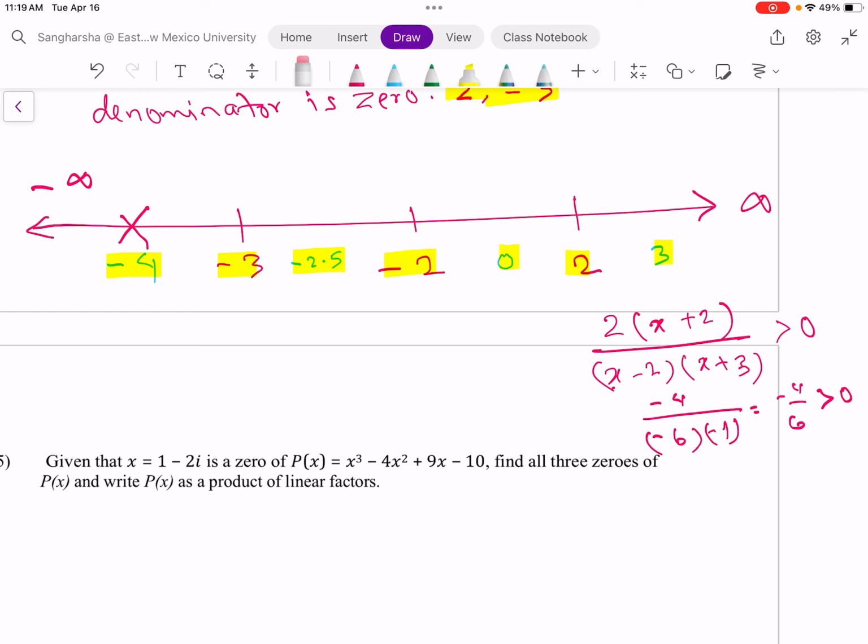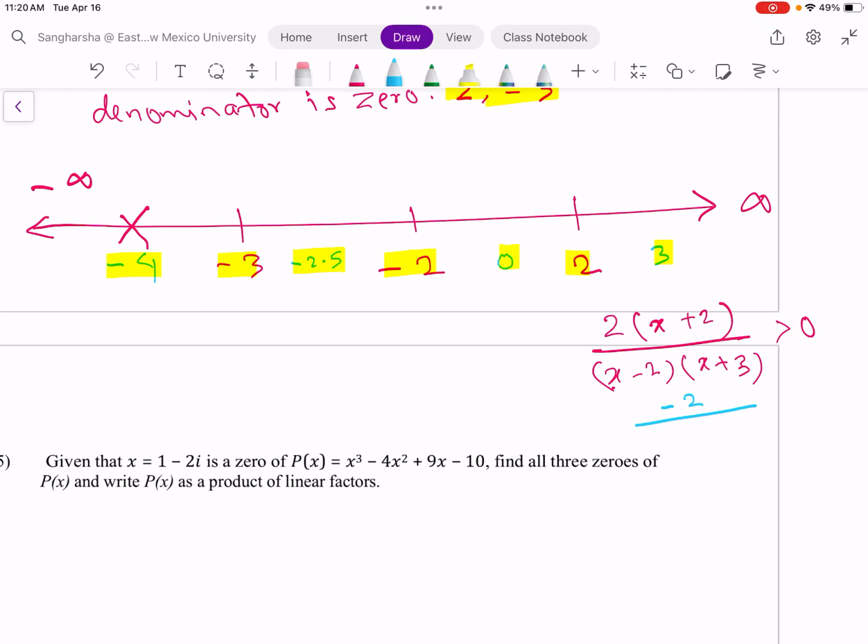Now let's try negative 3. You substitute negative 3 for every x. Negative 3 plus 2 is negative 1. Negative 1 times 2 is negative 2.